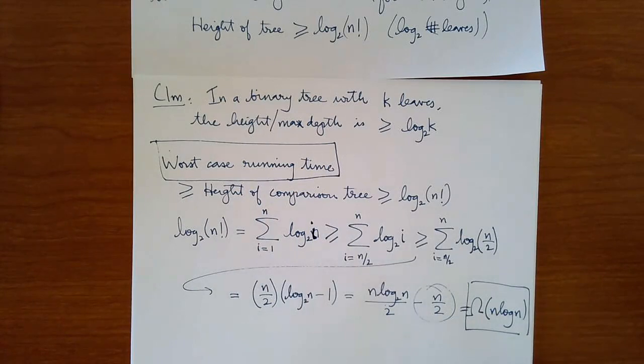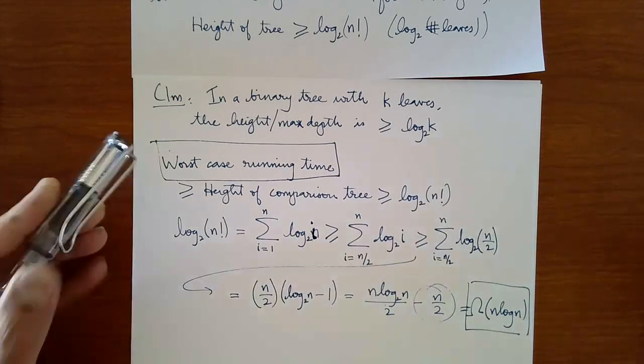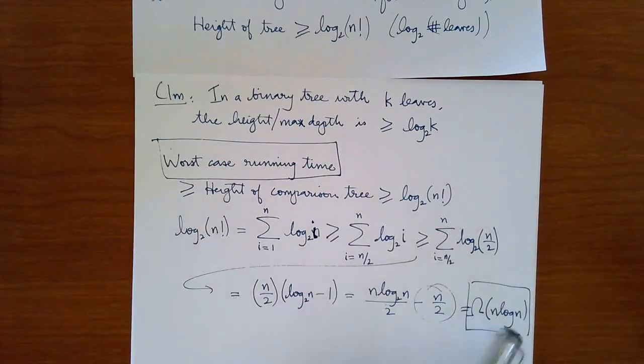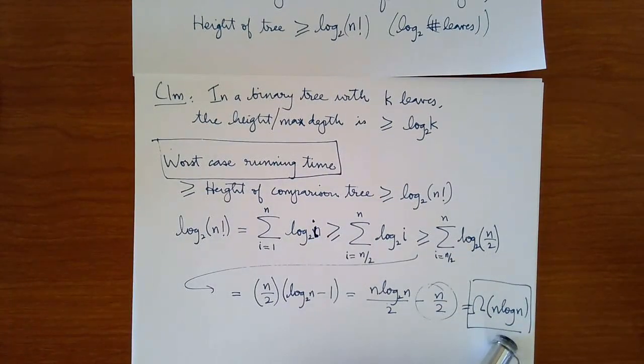N log n comes up precisely because it's the log of n factorial. That is in some sense the deep insight. This is a very deep and important proof in the analysis of algorithms. It's an important theorem and important proof. There are multiple ways of interpreting this. But the point is the worst case running time is at least n log n.